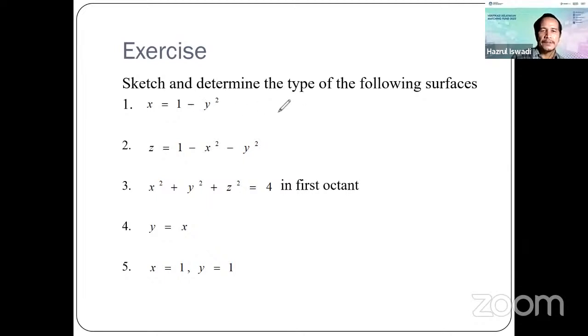There is the paraboloid cylinder, which has the generating curve of a parabola. For example, y is equal to x square.